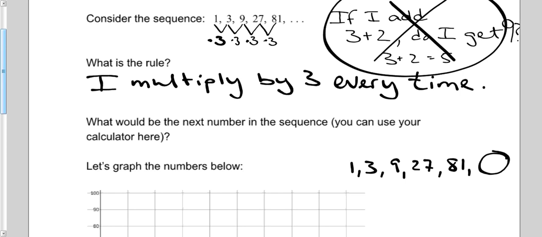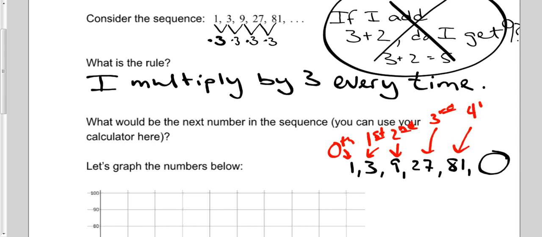Now, remember, just like last time, we're going to call this the 0th term, which makes this the first term, and this the second term, third term, and fourth term, and fifth term. And that number in red is your x value. The number in black will be our y value.